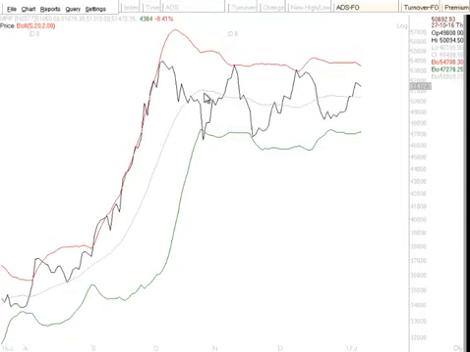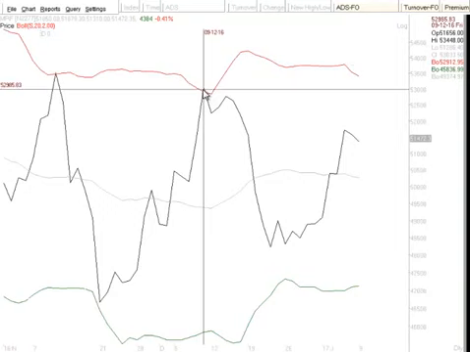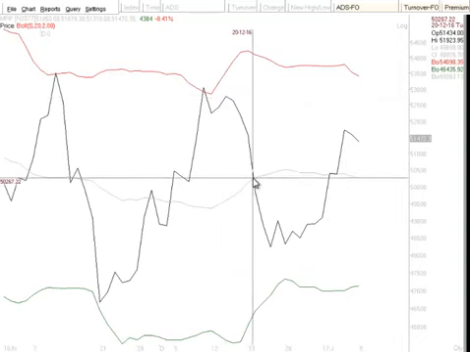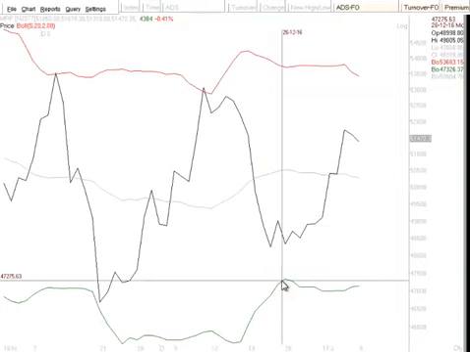Whenever you find a setup, like let's say we found a setup over here, outside, inside, the bare minimum target that we can think of is the average price, the mean price. And if it breaks that too, it can go straight to the lower Bollinger Band.